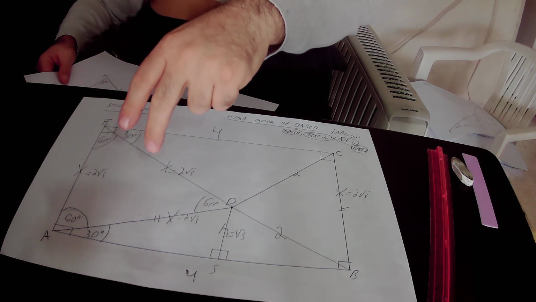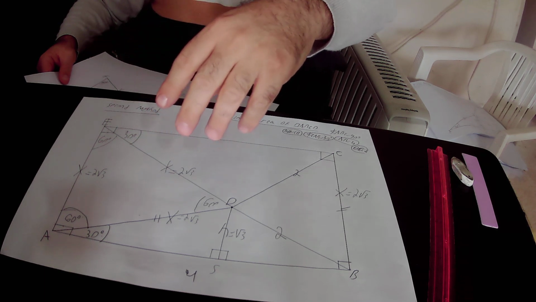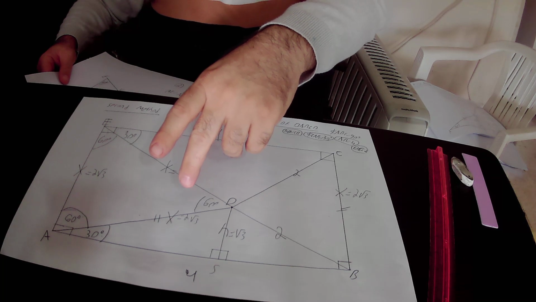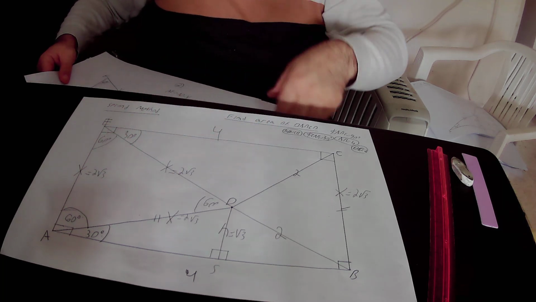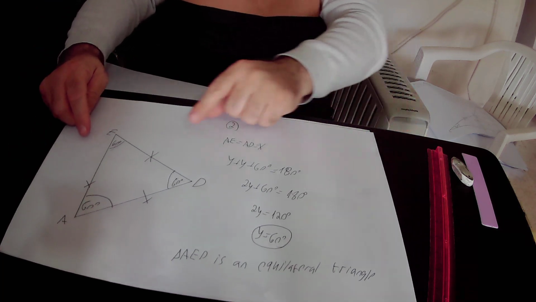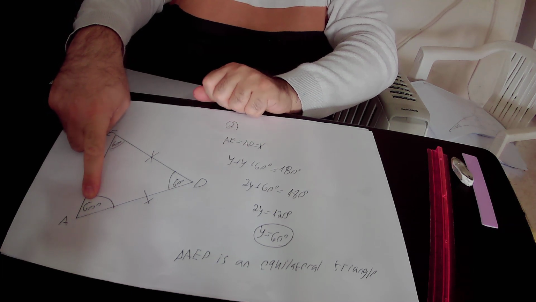So I draw triangle ADE on a new page, and we analyze triangle ADE, which has two equal sides and one angle that equals 60 degrees.